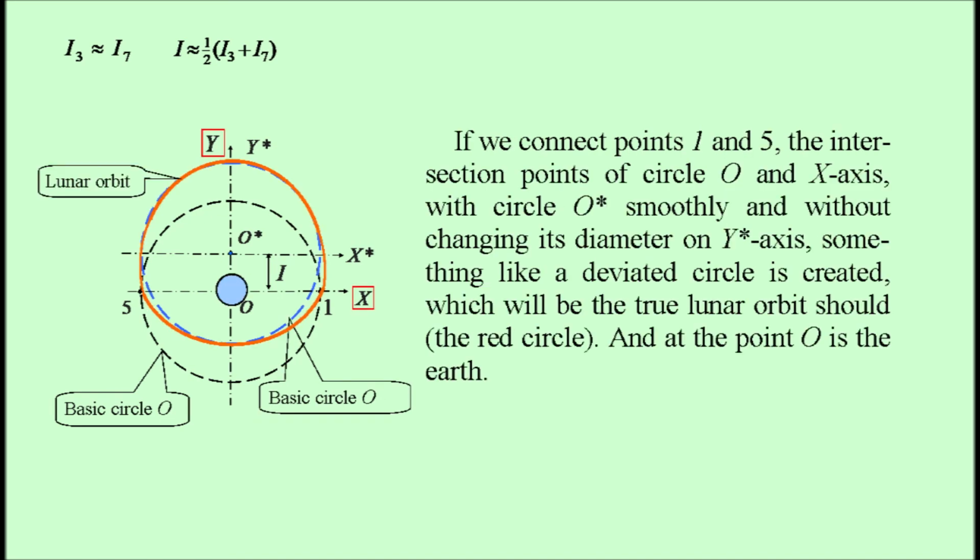If we connect points 1 and 5, the intersection points of circle O and x-axis, with circle O* smoothly and without changing its diameter on the y-axis, something like a deviated circle is created, which will be the true lunar orbit, the red circle. And at point O is the Earth.